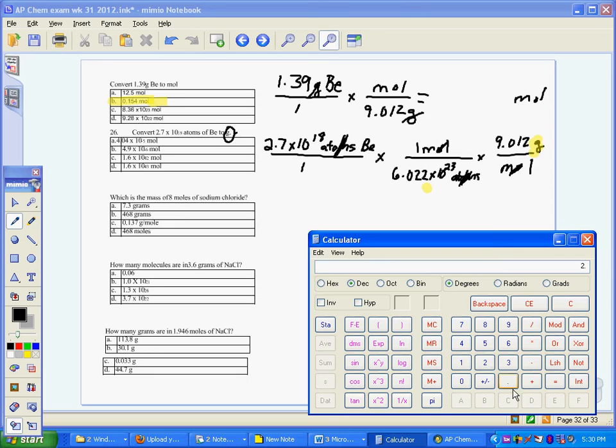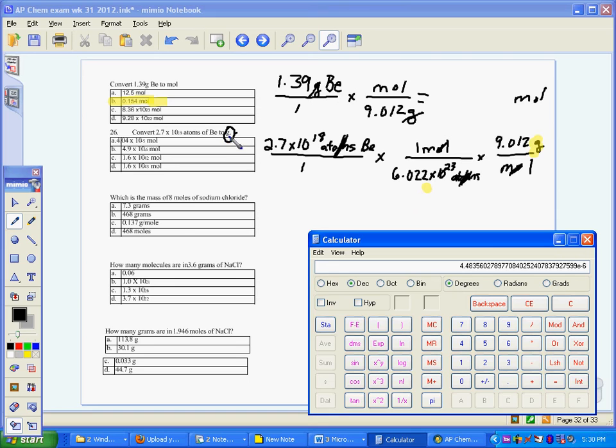I say 2.7 exponent 18 divided by 6.022 exponent 23, and that gives me 4.5 times 10 to the negative 6 moles of something. Alright.